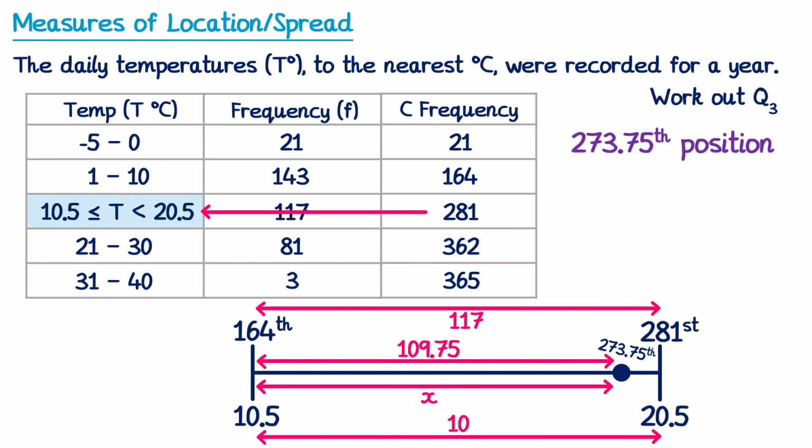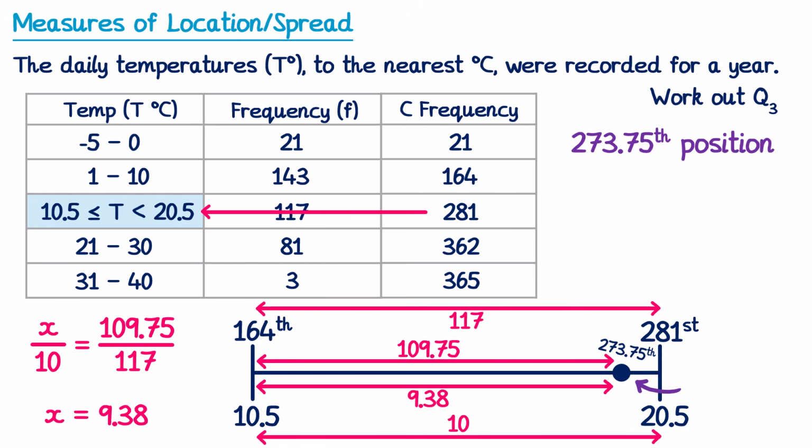We then set up the equation, x over 10 is equal to 109.75 over 117. Multiply both sides by 10 and you'll find this is the value of x. So we pop x onto our diagram, and then we work out this value here by adding 9.38 to the 10.5, which gives you 19.88, which would be the answer to the question. So if you ever have intervals that are presented in this way, you must make sure that you use the correct upper and lower bound.